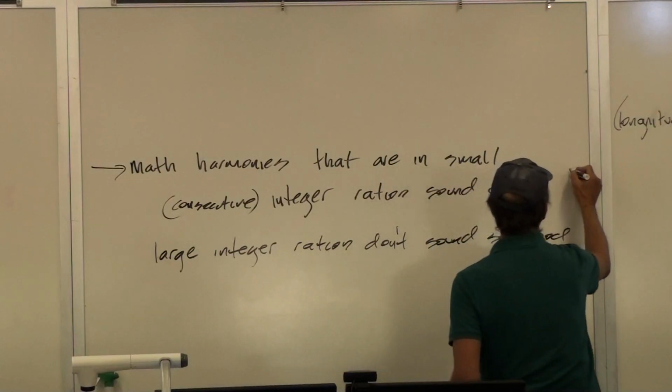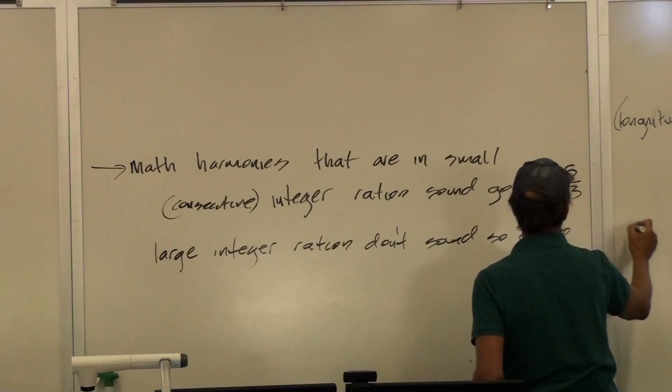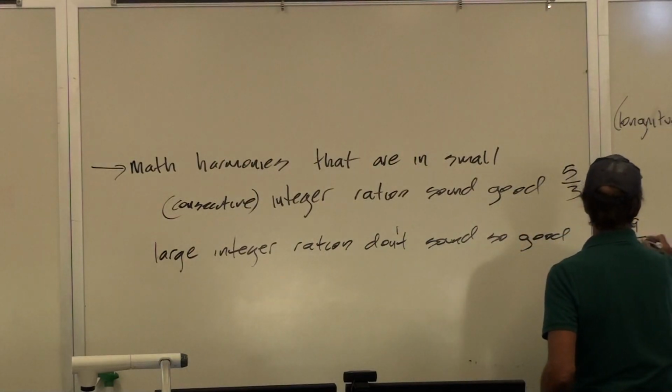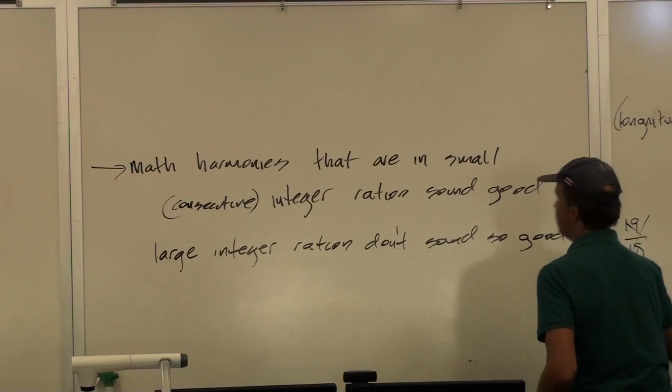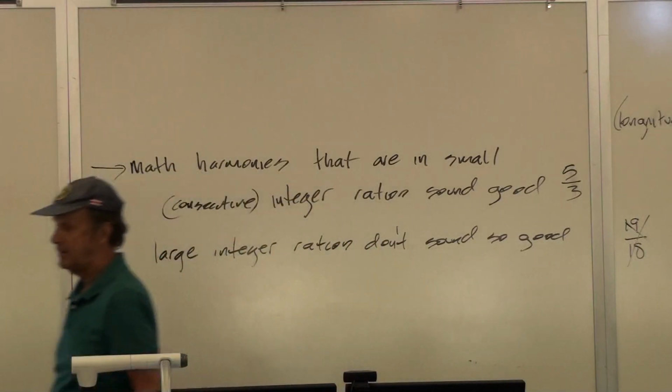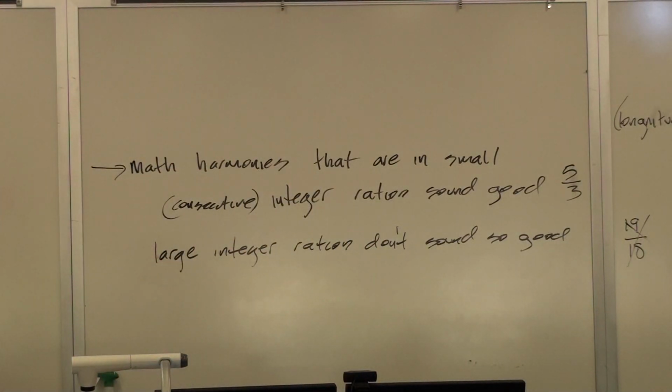So in other words, 4 or 5 to 3 would tend to sound good. But 19 to 18, not so good. Something like that, that one's particularly bad. If you go to just an octave difference, that's not too bad. But there are certain ones that just aren't as good as others.